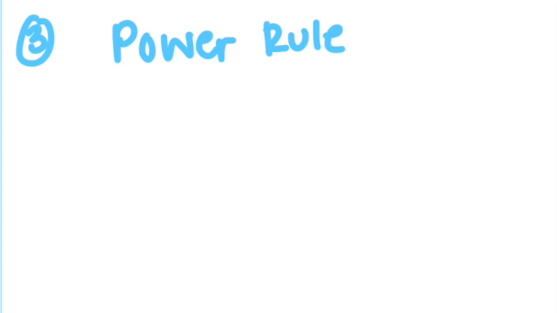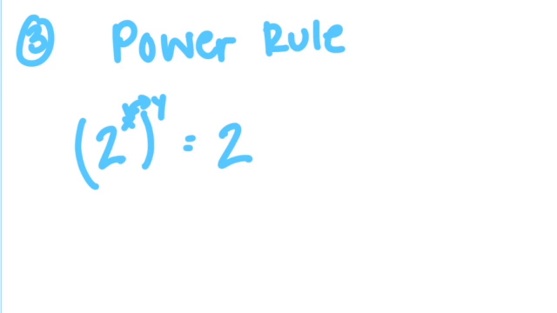Now let's look at the power rule. Let's say you have 2 to the x, all to the power of y. To find the answer, you would simply multiply the exponents. Remember, leave the base the same, and it would be x times y.